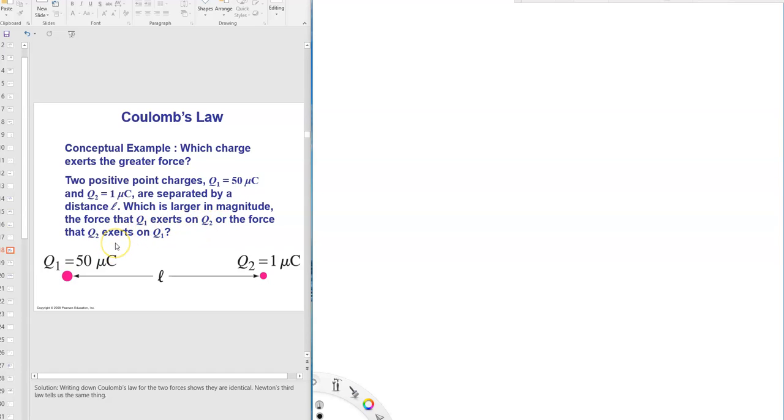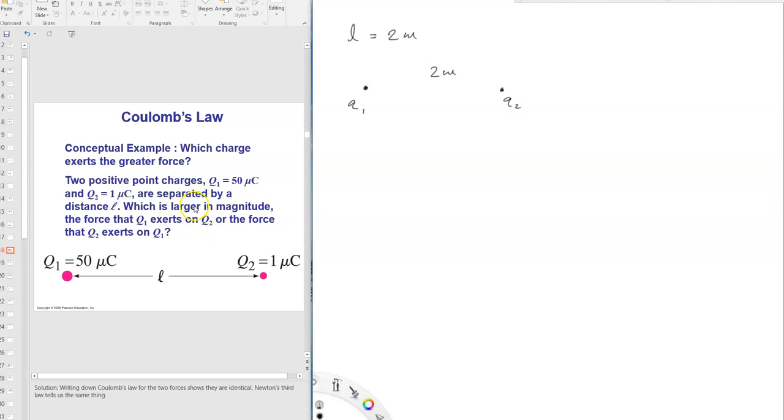Okay, so L is not given. Let's say L is 2 meters. All right, so here we have two charges, Q1 and Q2, separated by a distance of 2 meters.